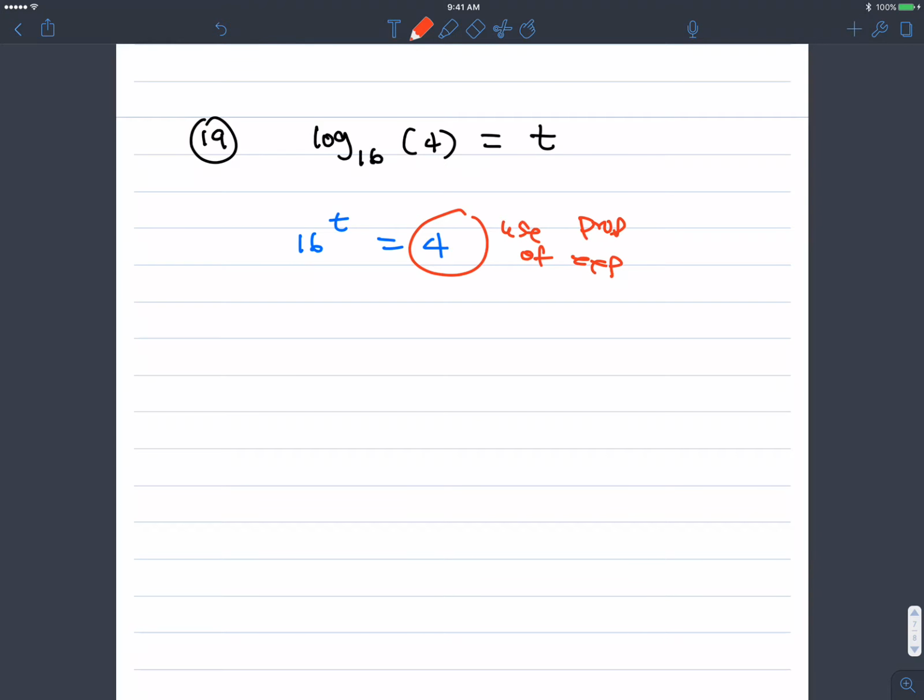And what you're going to discover is that we may be able to use some properties there for 4. We can write that as maybe a 2 squared. But here's what's happening with these problems. You don't have to only use properties on one side. You could use properties of exponentials on the other side as well. So we can use properties here.